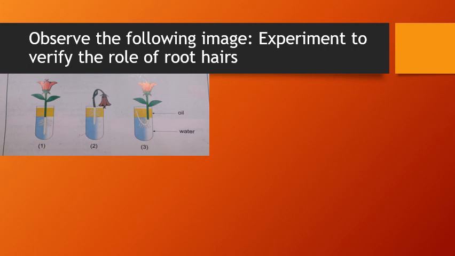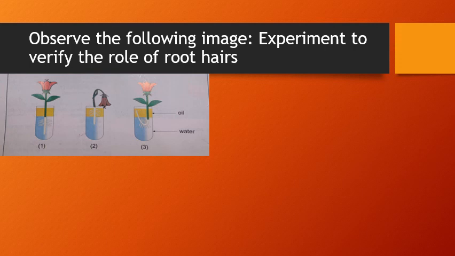And what has happened to the flower? Does it wilt or does it grow? It grows. Excellent. In the second tube, the root hairs of the flower are placed in water or oil? Excellent. In oil. And what happened to the plant in two? Excellent.